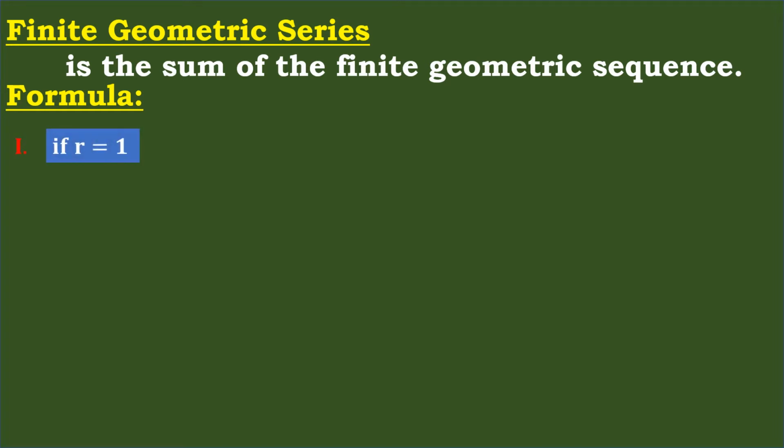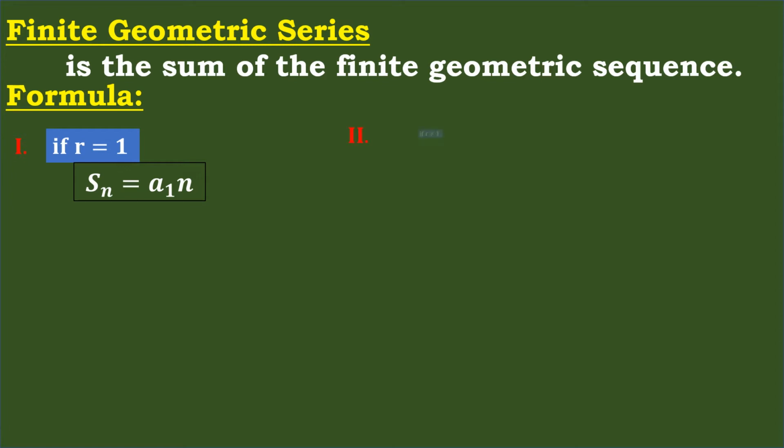First condition: if the common ratio is equal to 1, the formula is S of n equals a sub 1 times n, wherein a sub 1 is the first term and n is the number of terms.